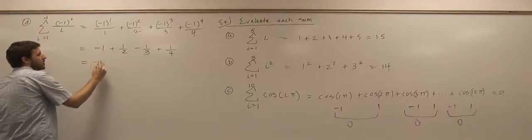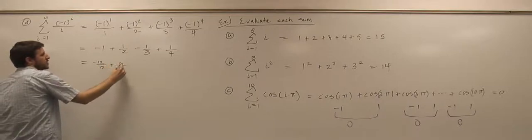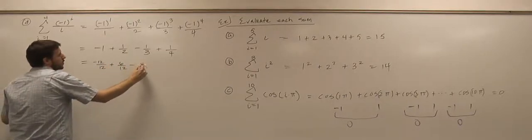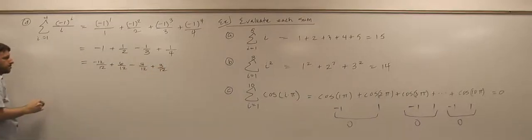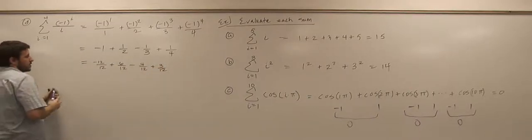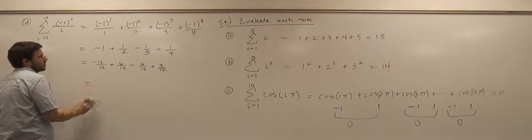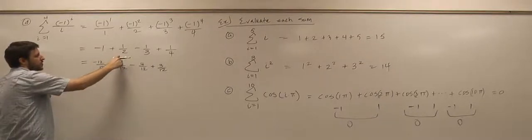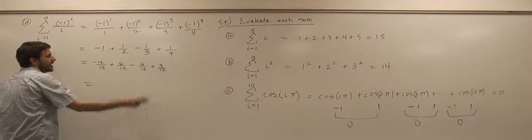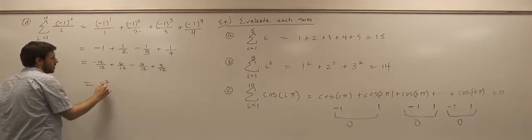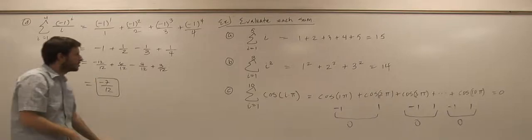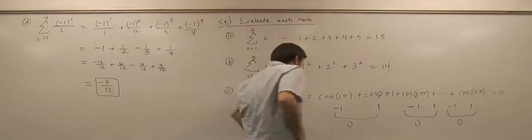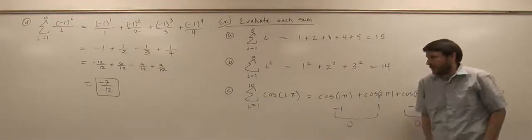So negative 12 over 12, 6 over 12, negative 4 over 12, 3 over 12, which will be negative 12 plus 6, so negative 6, minus 4, negative 10, plus 3, negative 7. Okay, cool.